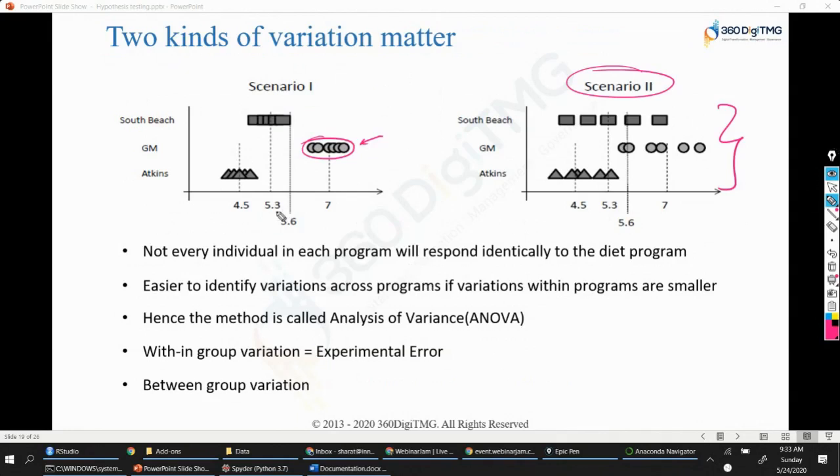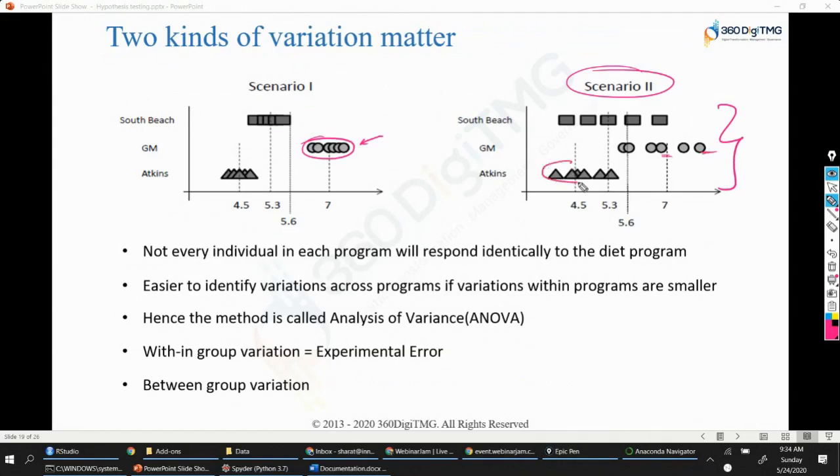Now, the problem in scenario 2 is that the weight losses of individuals within the diet program vary a lot. Some person is losing 1 kilogram, some person is losing 2 kilograms, some person is losing 7 kilograms, some person is losing 10 kilograms, as you know.